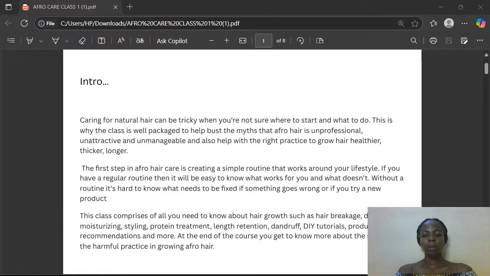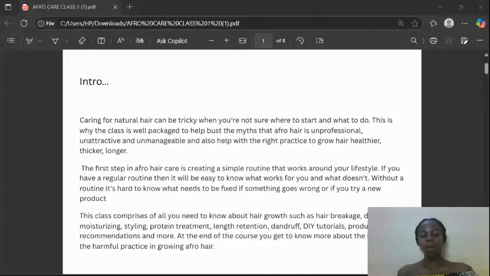So I don't know if you can see this. Like I said, the caring of natural hair is not easy. It's very tricky.